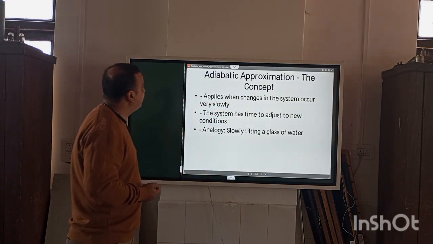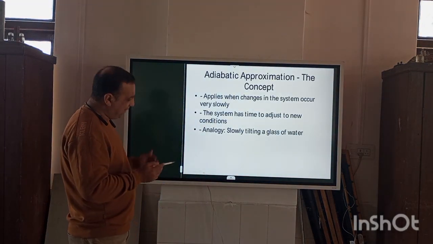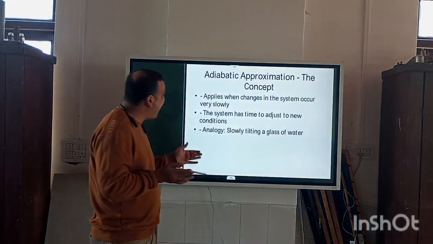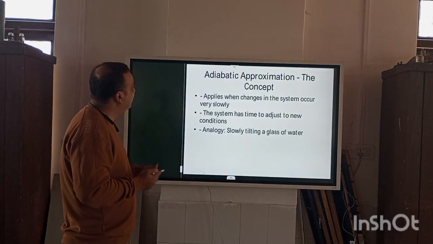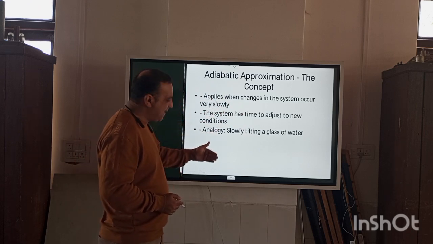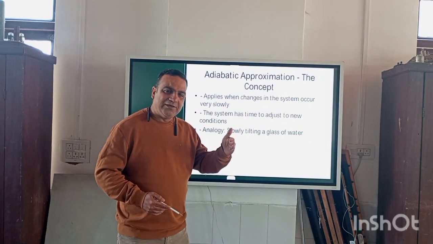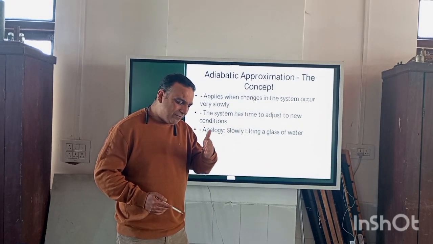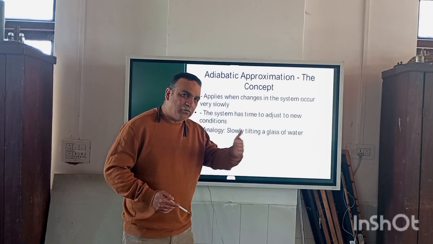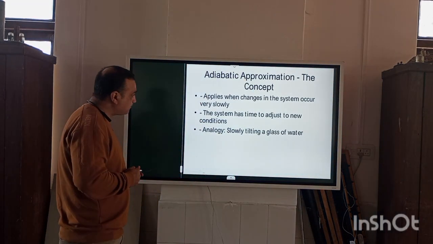Now, talking about the first one, the adiabatic approximation, let me give a small concept to understand it. It applies when you have changes in the system, and these changes occur slowly. So there is always a state of relaxation for the system that evolves from point 1 to point 2.